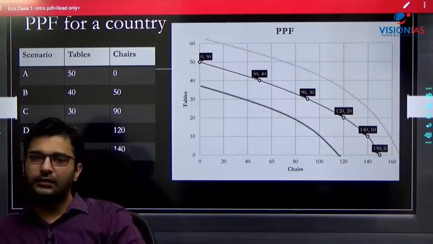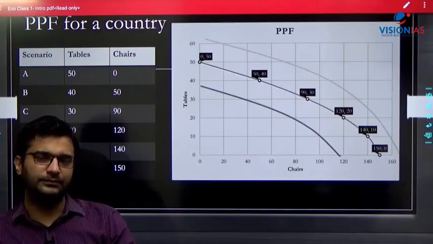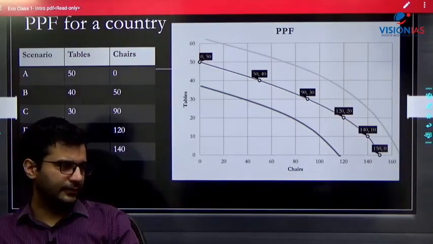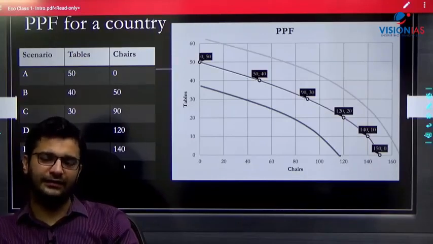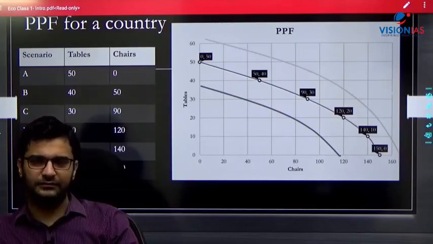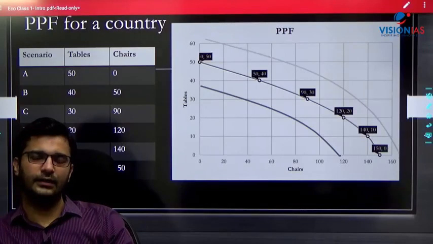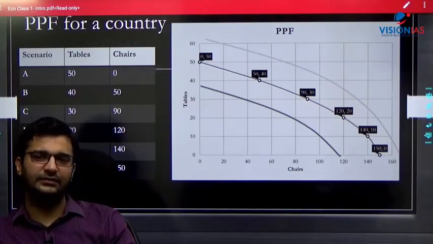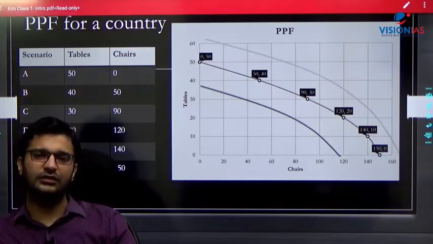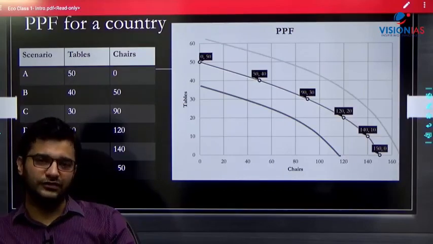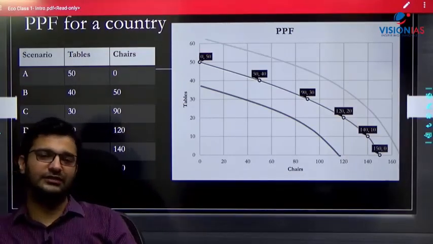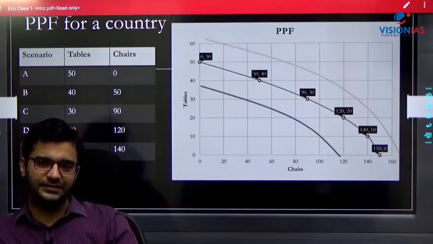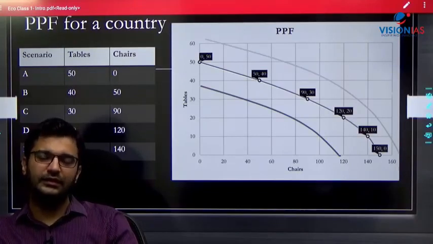Write down. The fundamental problem that economics as a discipline tries to answer is the best way in which limited resources can be utilized.